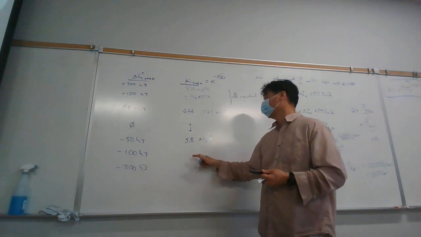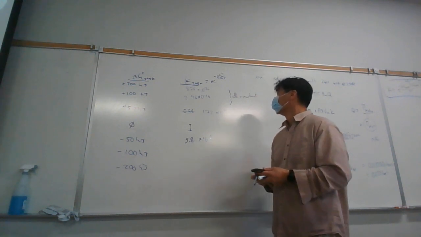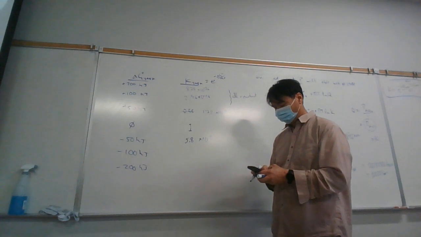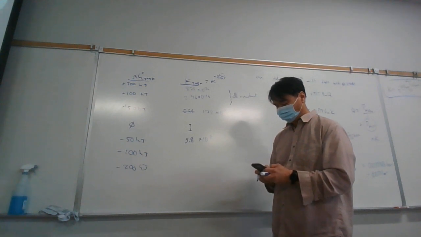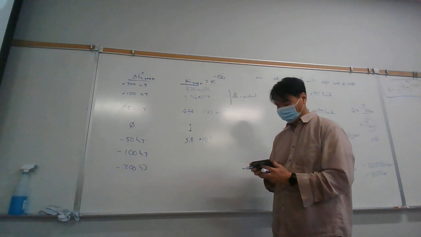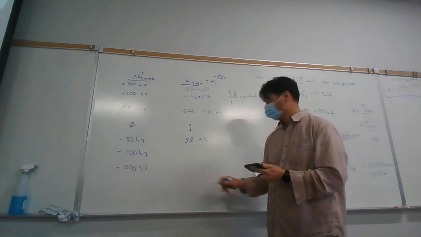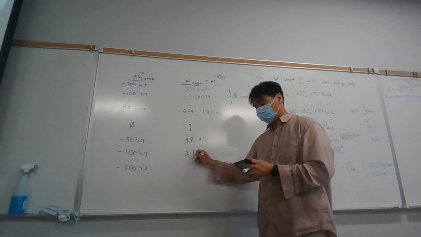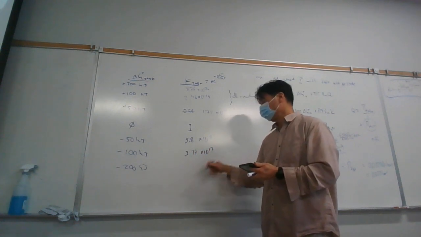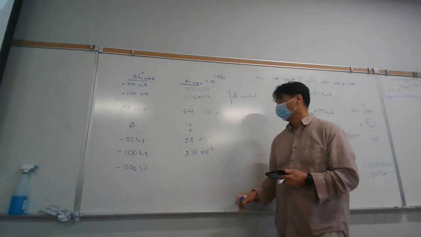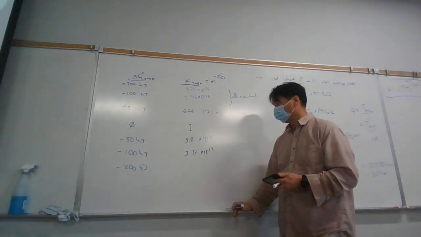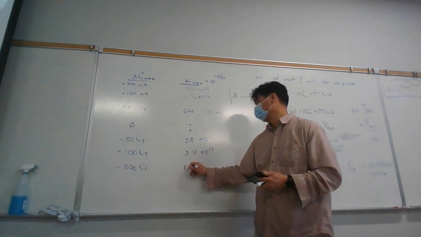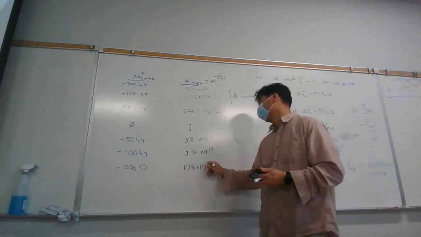How about the 100? 3.37 times 10 to the 17, and the 200? 1.14 times 10 to the 35.